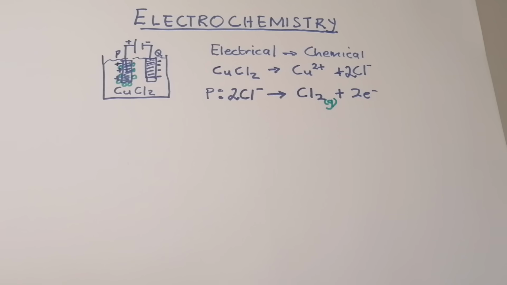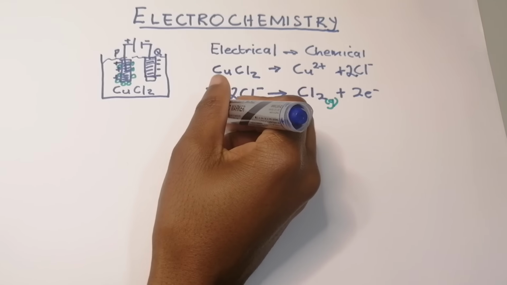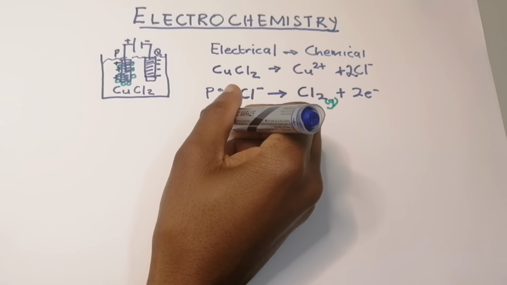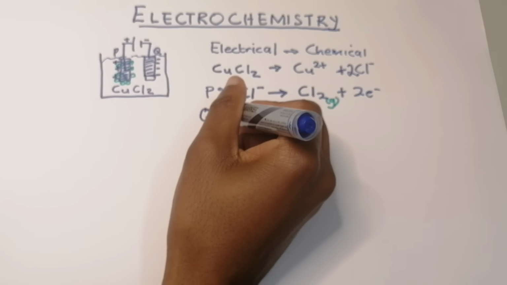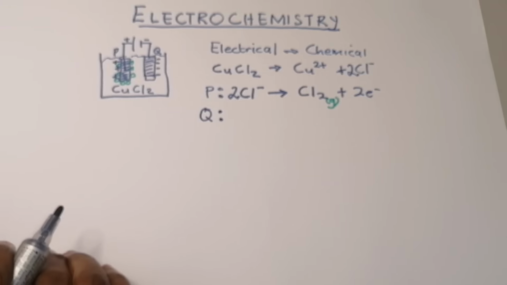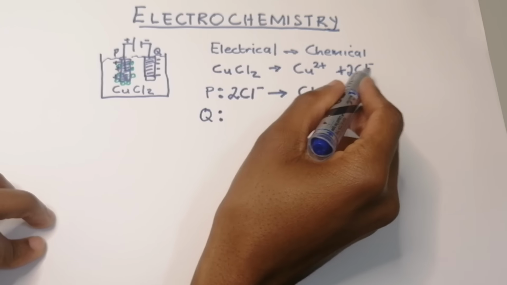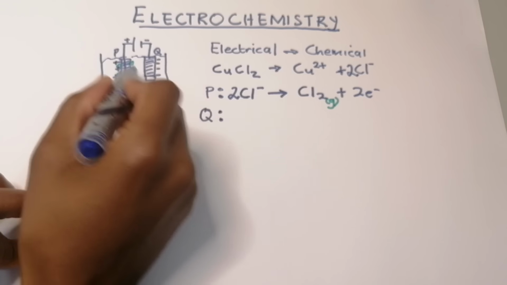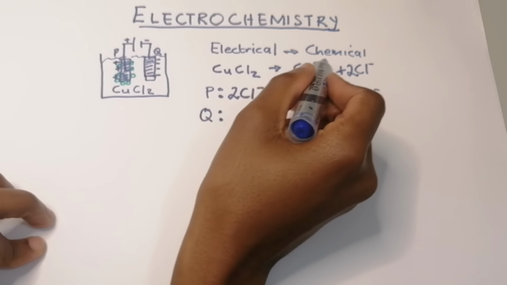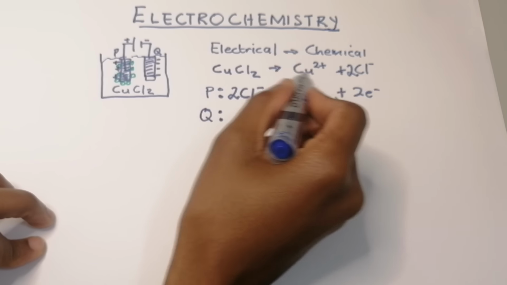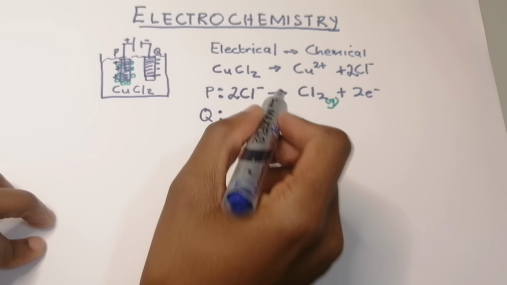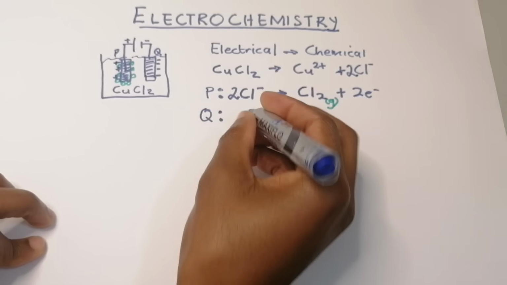And then secondly, let's now talk about electrode Q. What reaction is taking place at electrode Q? Remember, we said electrode Q is negatively charged, so it would tend to attract those cations, the positively charged ions.